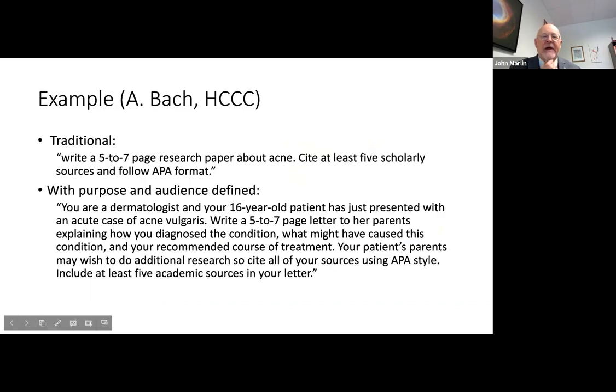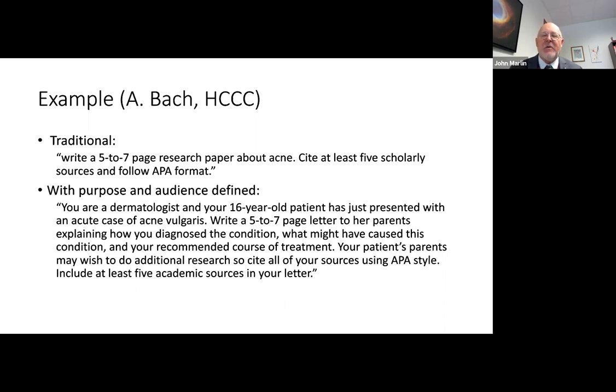So here's a sample that one of my faculty members, Allison Bach at Hudson, came up with for a group of students. And she actually had a number of these. She compares here the kind of assignment she did for healthcare students who were in her research writing course with a more traditional way that an assignment would be given.